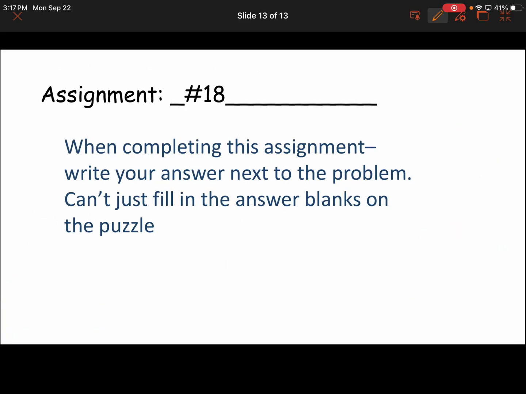Today's assignment is 18. Oh, you don't want the notes again. Assignment 18 is much like yesterday's. You need to put your answer next to the problem. Use the answer blank. Use the answers to assist you. Don't let them think for you. If you're not putting in the work now, it's going to be really ugly next Tuesday. Some of you haven't put the work in, and it was really ugly on that quiz.